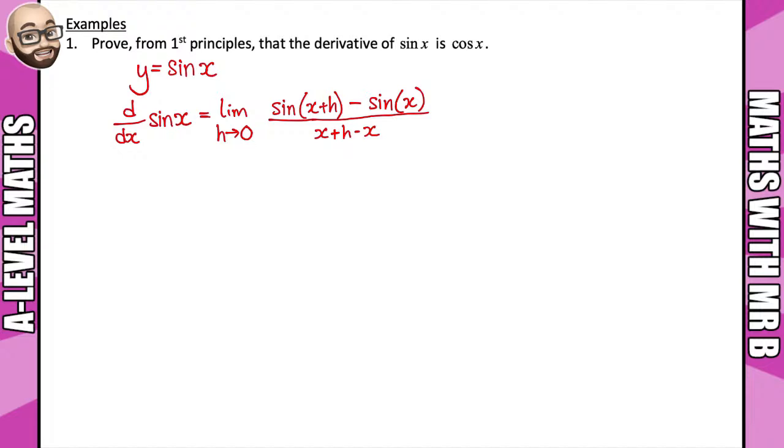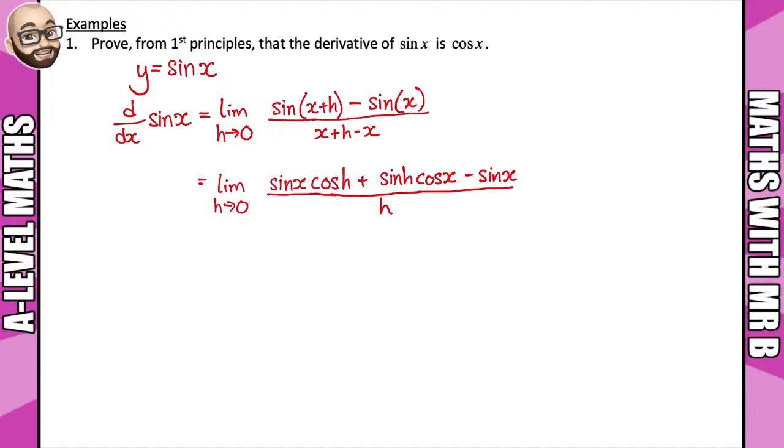So hopefully we can remember that if we expand the brackets of sine of x plus h, and let me get the limit put in first, we get sine x cos h plus sine h cos x, minus sine x, all over h.